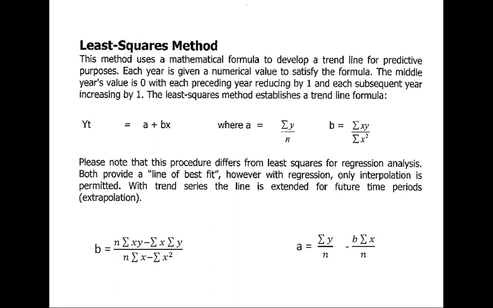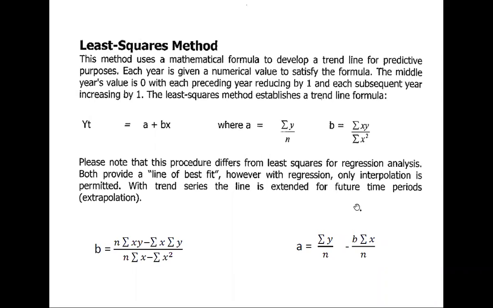Which means that Yt will be equal to a plus beta X, but this time your X is going to be the previous observed data. So what you need is your summation X, your summation XY, and your summation X squared, to come out with the coefficients of the model.